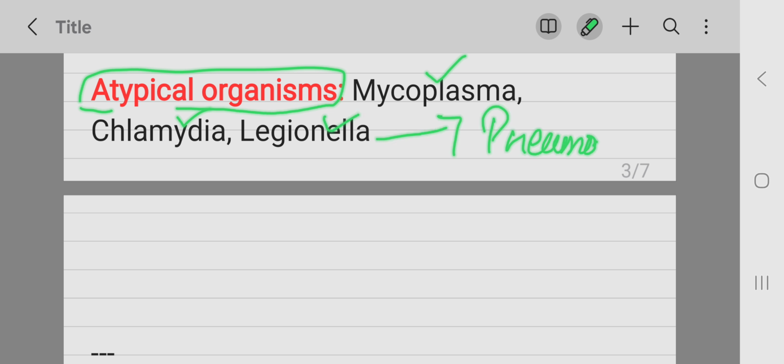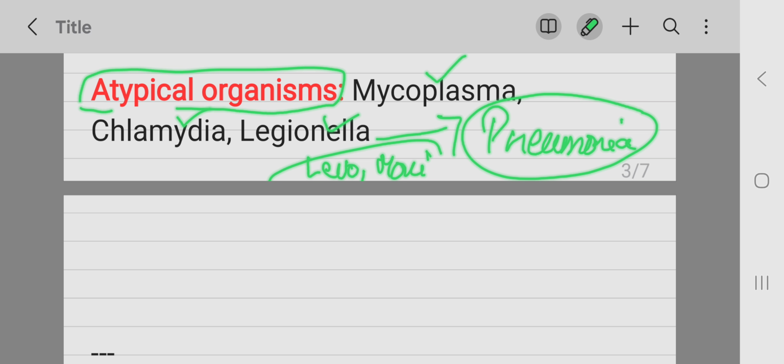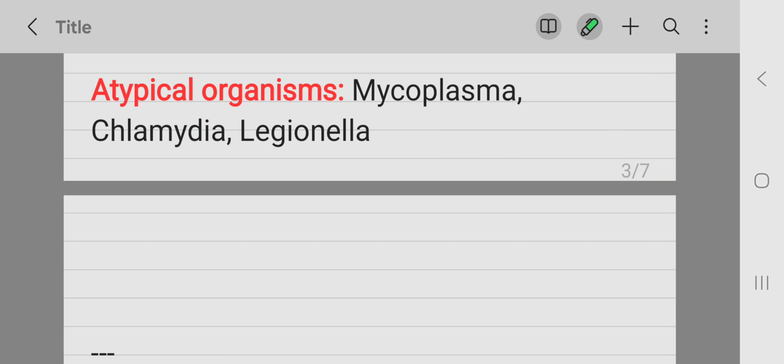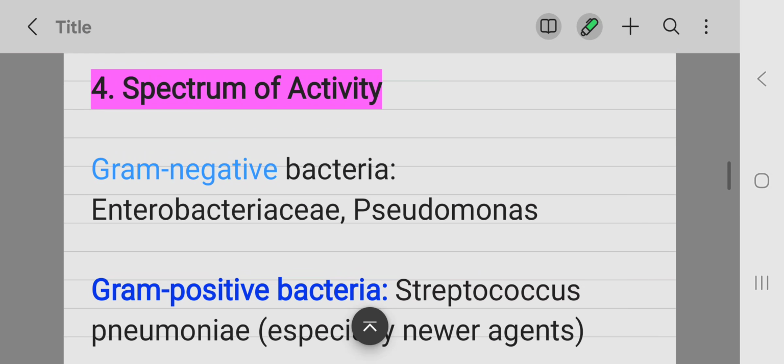When they cause pneumonia, we use either levofloxacin or moxifloxacin, and in this way we treat pneumonia caused by these atypical organisms. So it has a broad spectrum.